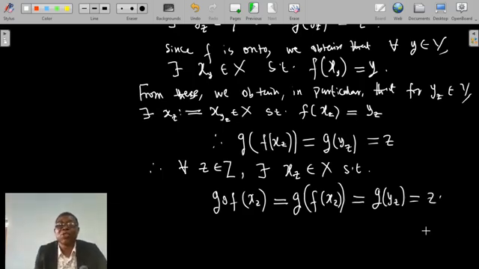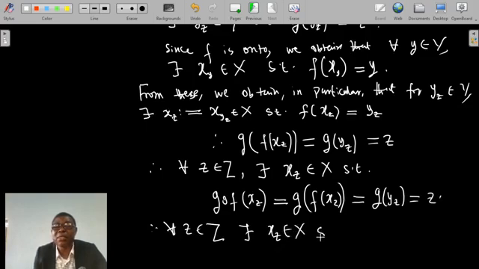So what we've gotten in actual sense is that for any z I pick in capital Z, there exists xz in X such that g composed by f of xz is equal to z.